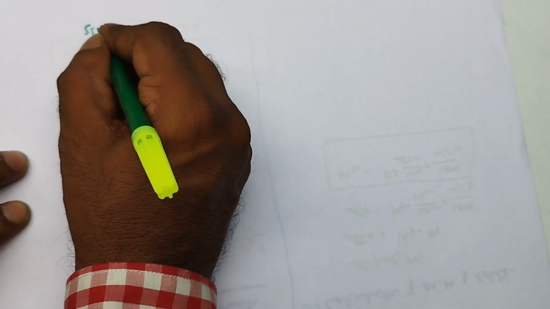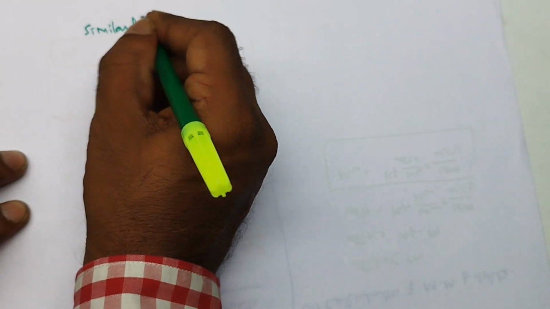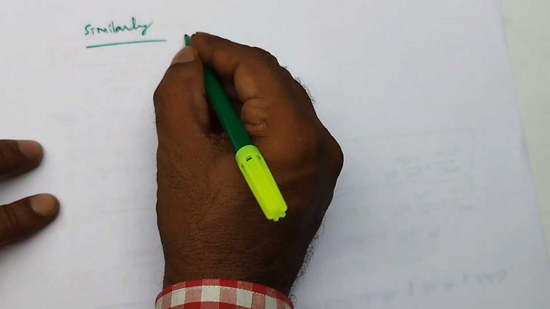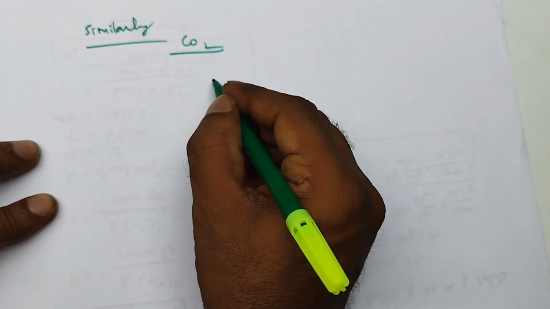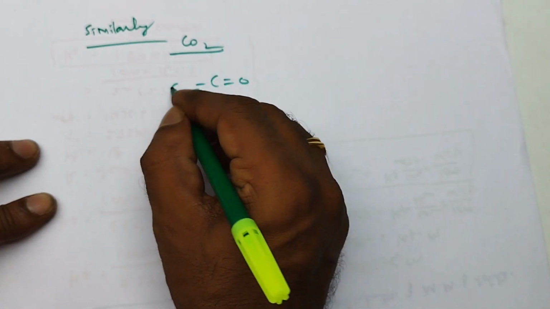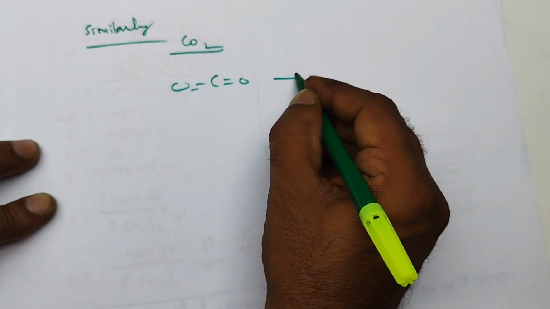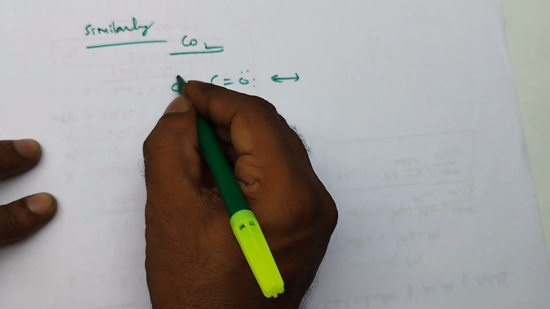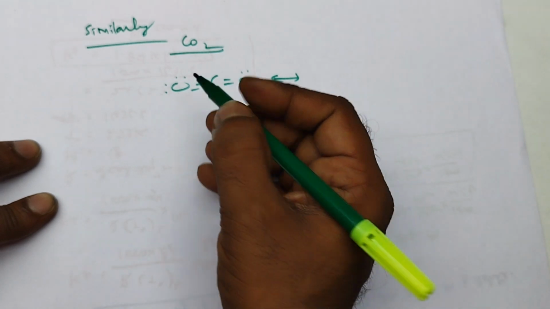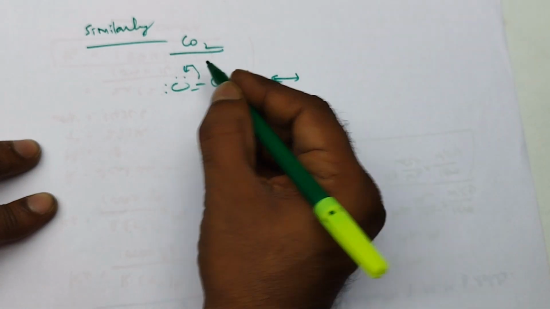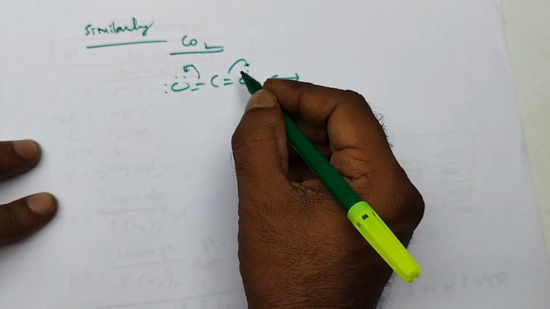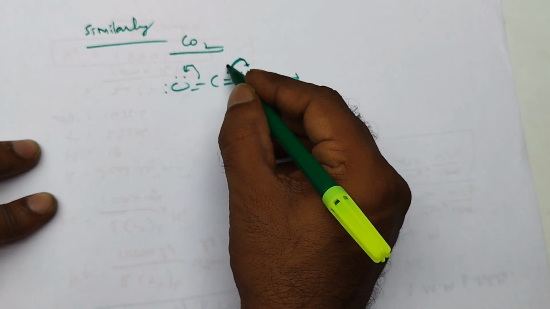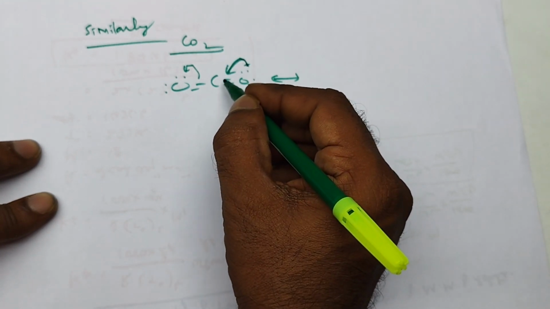Similarly, for the carbon dioxide molecule, we can write O=C=O. If you write the canonical structures for this compound, you write the electron dot formula or Lewis dot structure. In this case, there will be a minus charge, or you can shift it to this one. This lone pair of electrons will be shifted to this side.